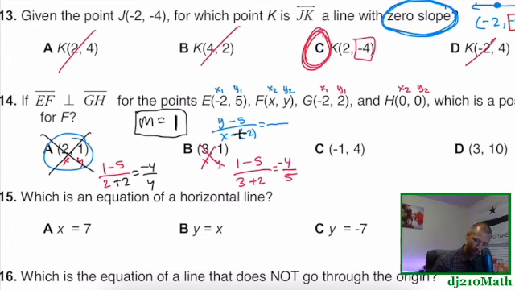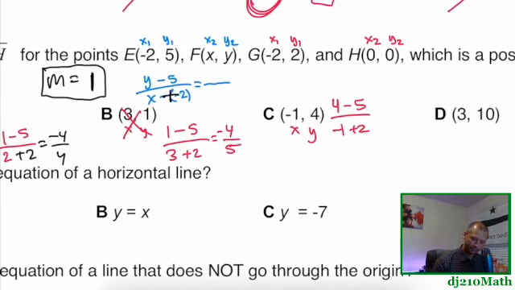C. This is X, this is Y. So Y is going to be 4 minus 5 over X, which is negative 1, plus 2. We get 4 minus 5 is negative 1. Negative 1 plus 2 is positive 1. Again, this is negative 1, not what we wanted.